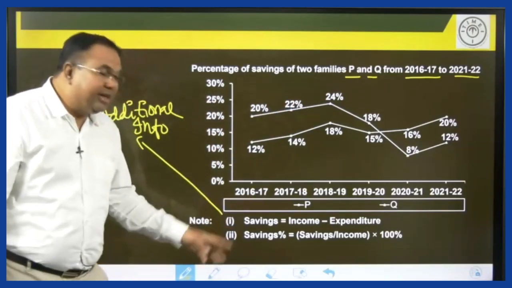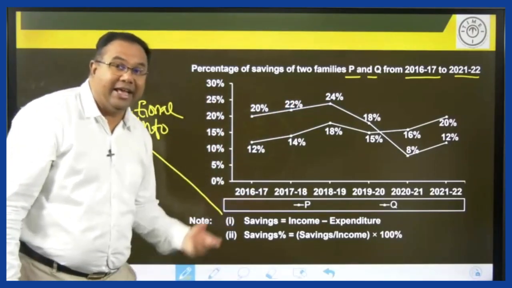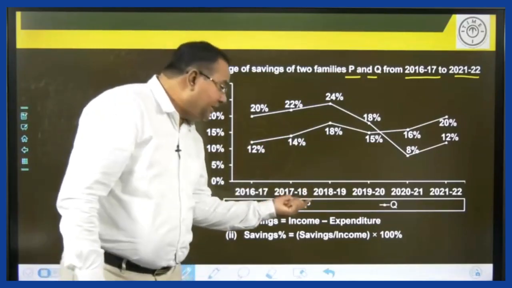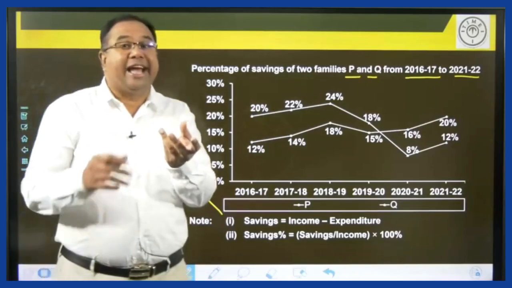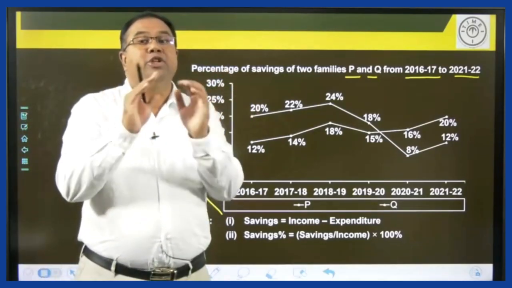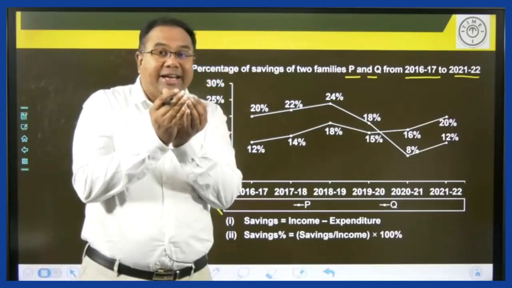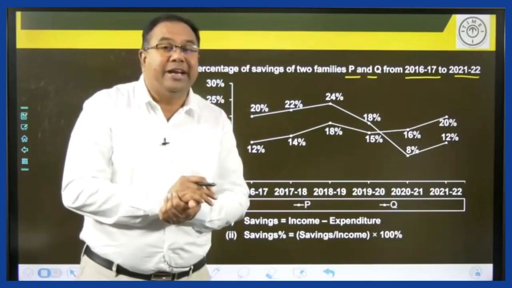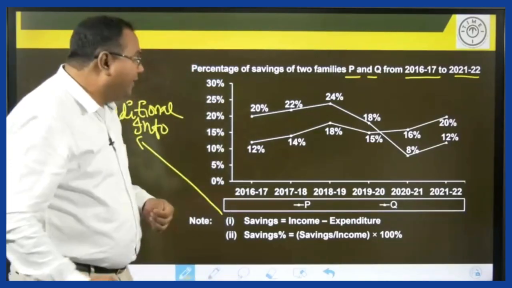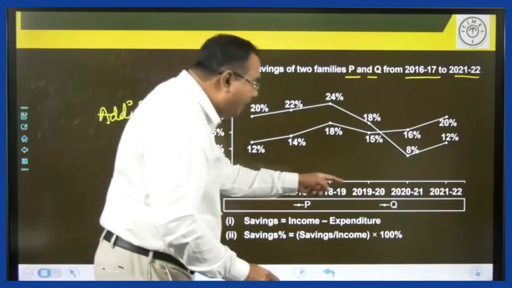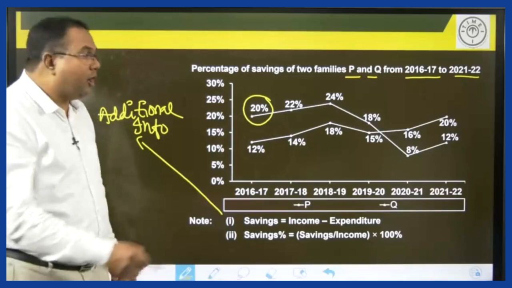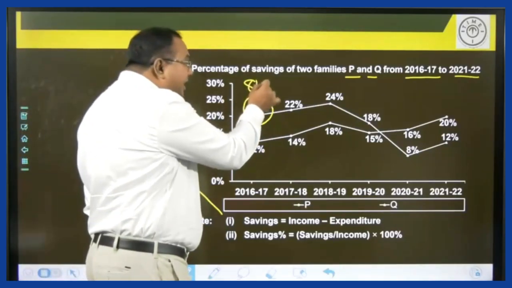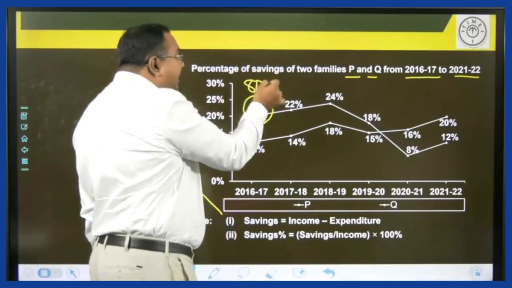Now, see here, savings percentage is clearly defined: savings by income into 100. So, savings percentage is calculated on income, and my income is always 100%. Income minus expenditure is my savings. Now, I'll tell you one example. If I take this Q, what are the savings of Q here? 20%. So, how much is the expenditure of Q? 80%. How do we get this 80%?